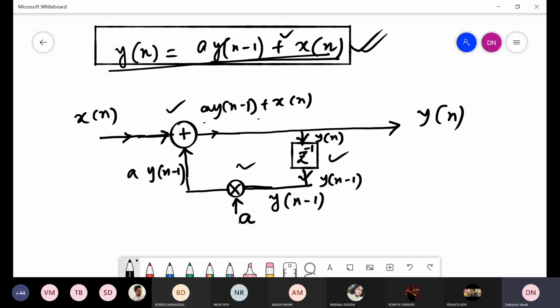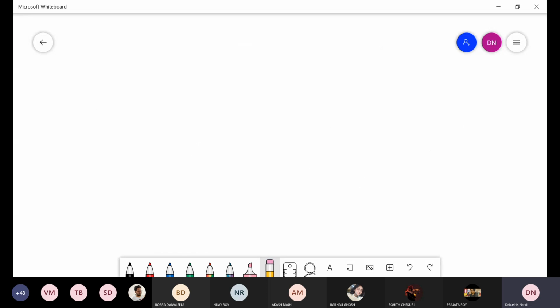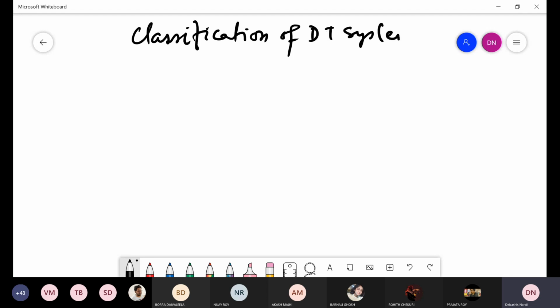This is one discrete time system, and its realization with the help of the blocks is this. Now today along with this I want to discuss the classification of discrete time systems.